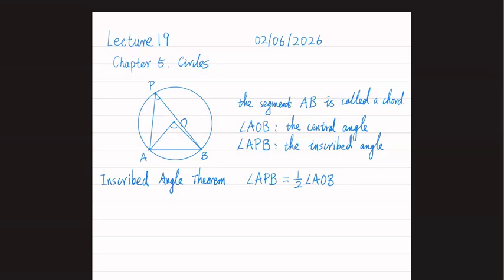So let's say this angle is fixed, but this angle, the inscribed angle, changes if we shift the points along the circle. If we move it to a new point, we call it Q. This AQB is another inscribed angle.